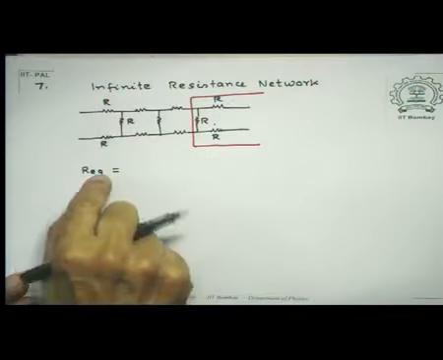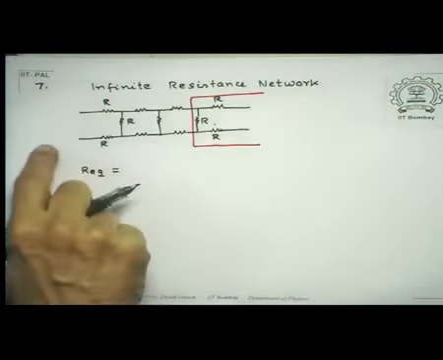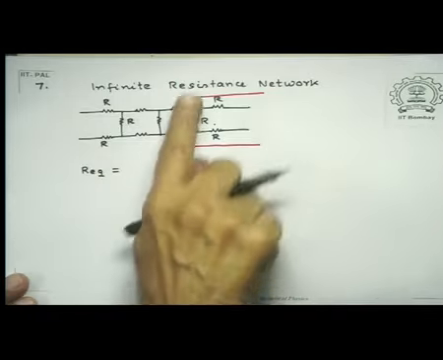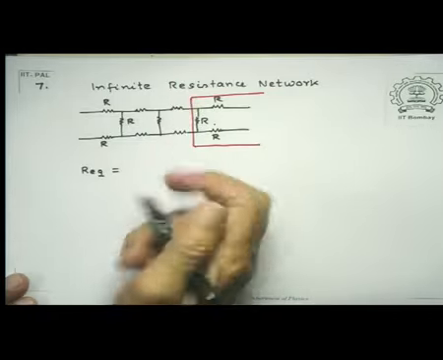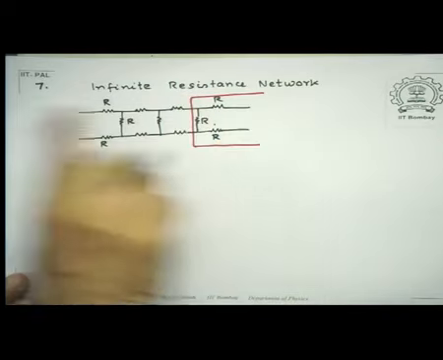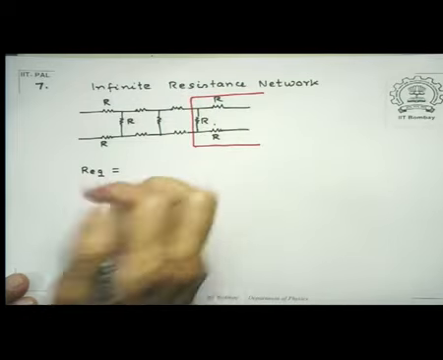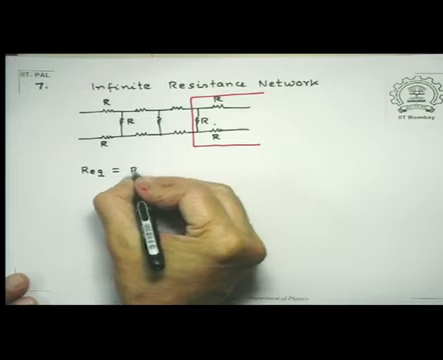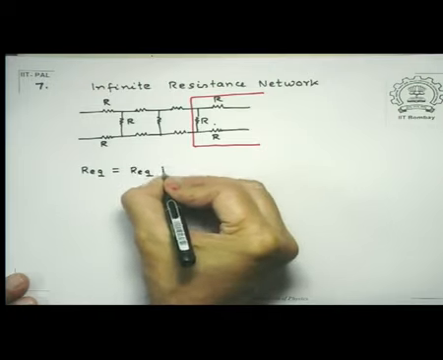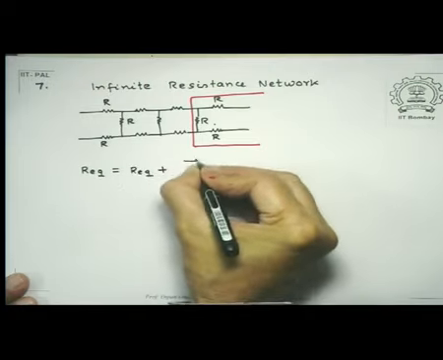So the Req, which is the equivalent resistance I am looking for, is equal to the equivalent resistance of the infinite section to the left of this red line, which is Req, plus this section which I have marked with red.